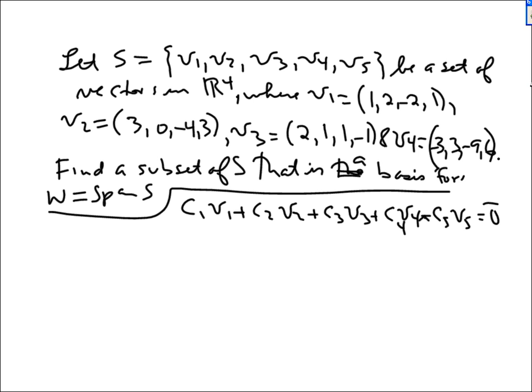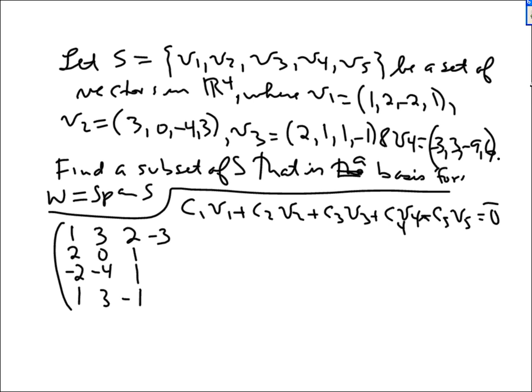Well, to solve this system that I wrote down, you write down vector 1 as the first column, vector 2 as the second column, vector 3 as the third column, vector 4 as the next column, and of course I didn't write down what vector 5 was.